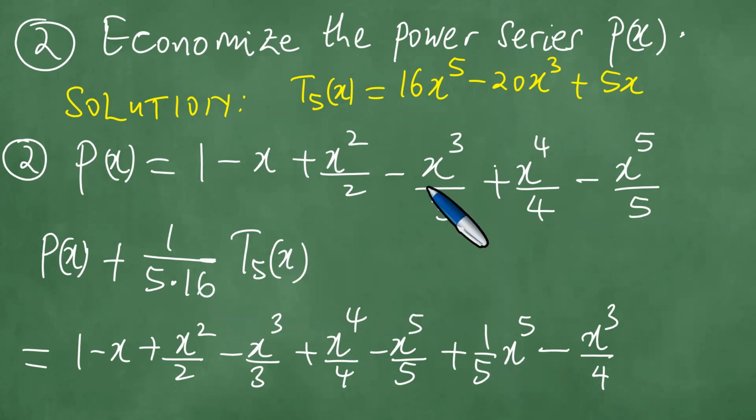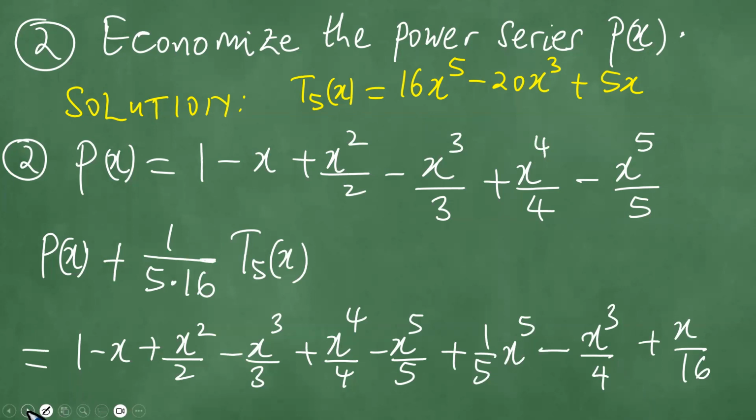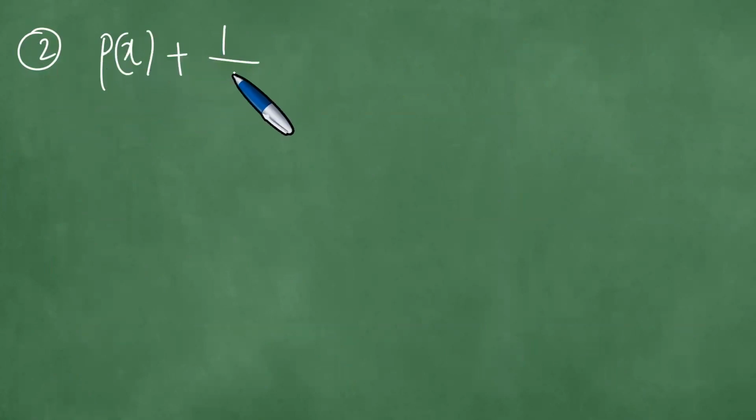And then if you multiply this with that, you have plus x out of 16 there. Okay, so we continue right now to analyze this Pade approximation with a specific focus on P of x plus 1 out of 5 by 16 times the Chebyshev polynomial of the 5th degree.